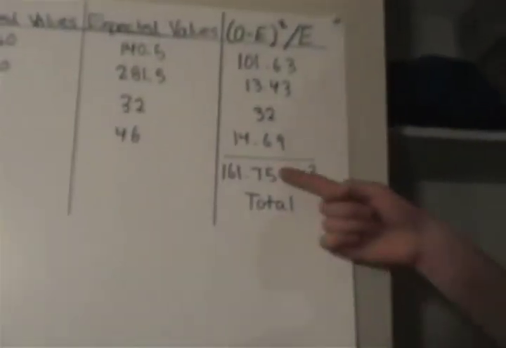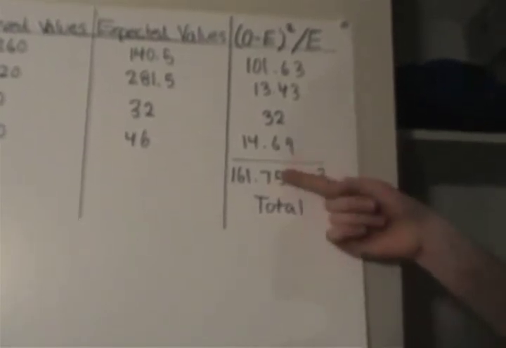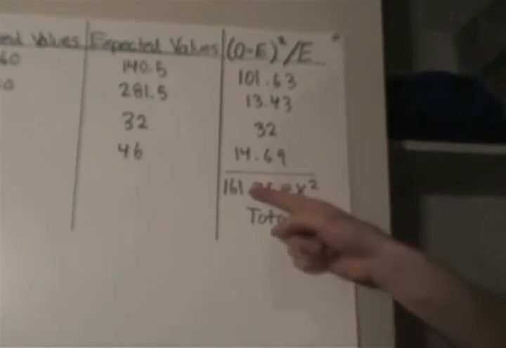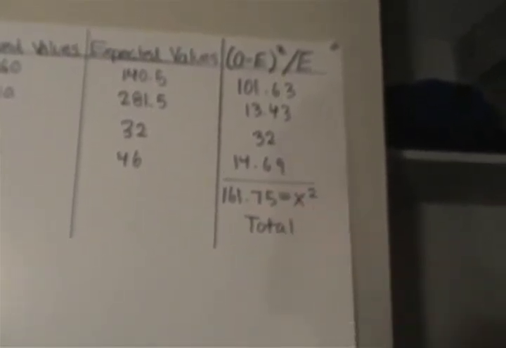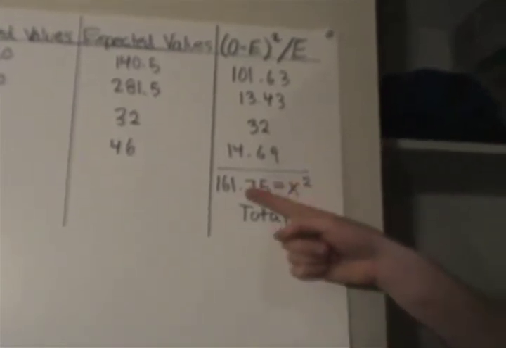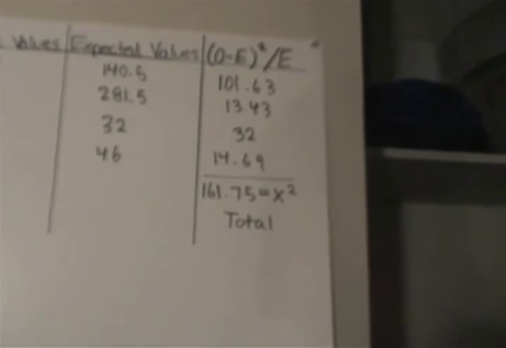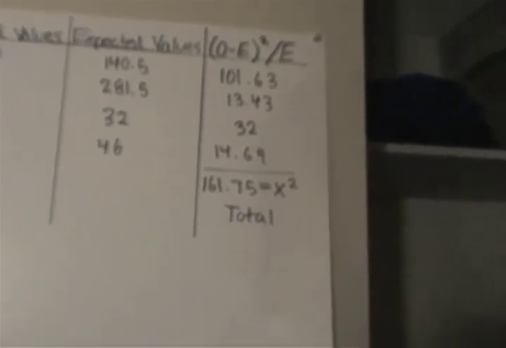The rule of thumb is that when your chi-square statistic is large, your p-value is going to be small. The larger your chi-square statistic is, the smaller your p-value is going to be. So since this number is much larger than 7.81, we can reject the null hypothesis at significance level 0.05.